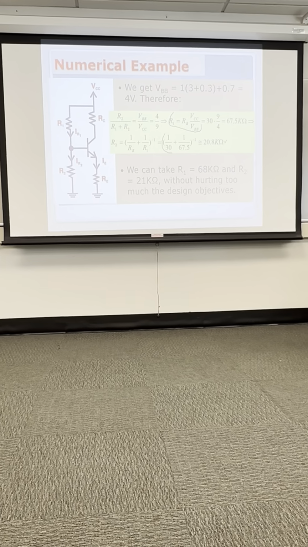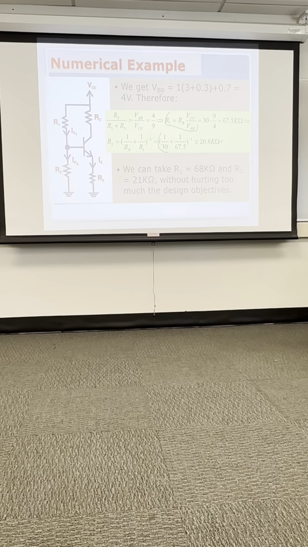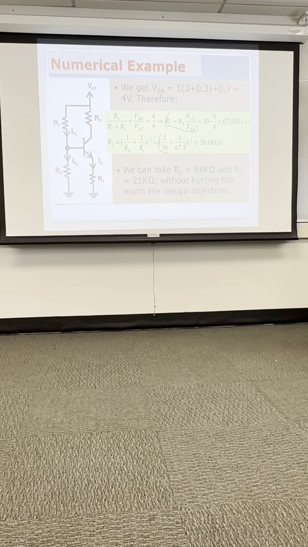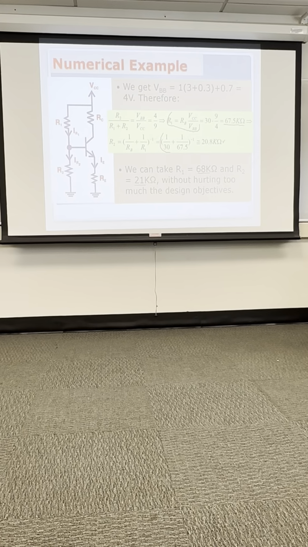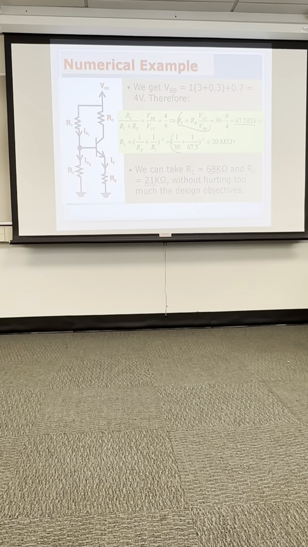This lower one is just rounding off to a standard resistor table value, instead of R1 68K and R2 21K. If you tried to use these values, you'd probably be trying to find 1% or better resistors. So if you want to stay with 5% resistors, you would just use standard resistor values.